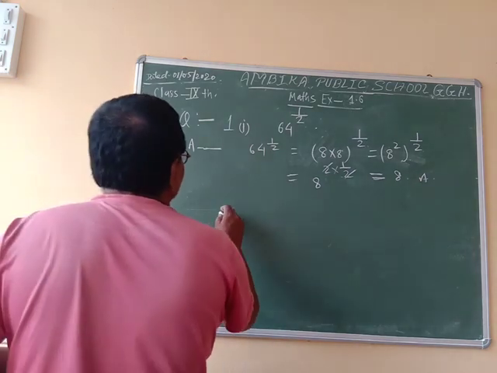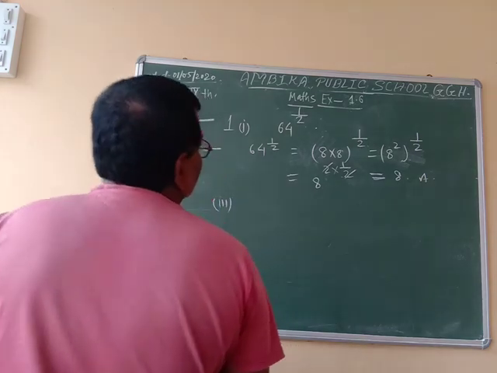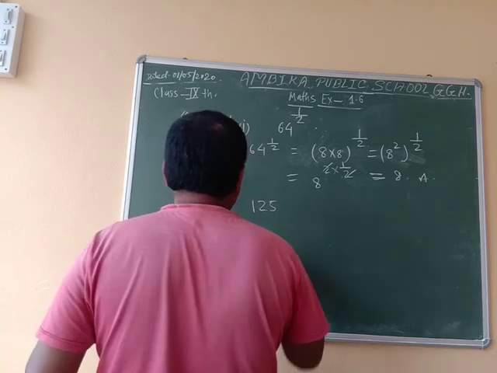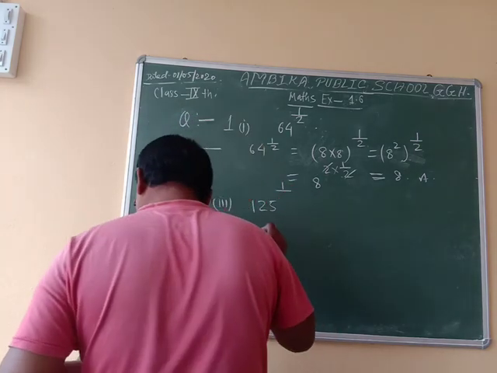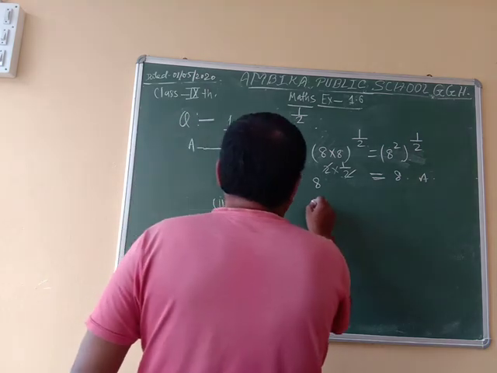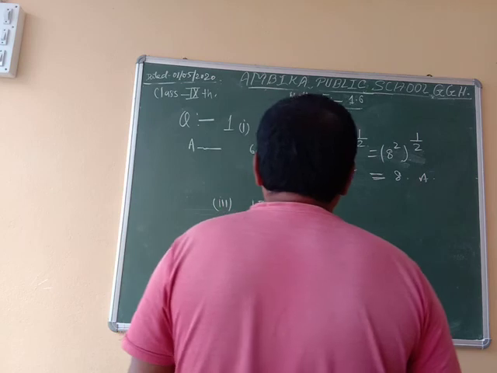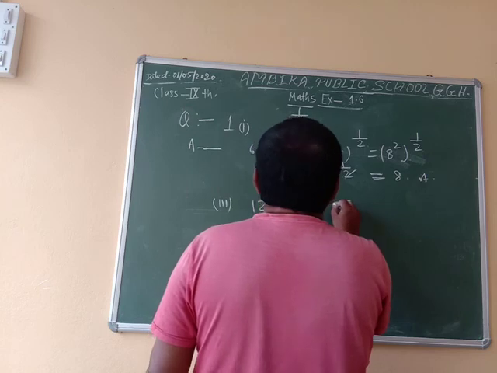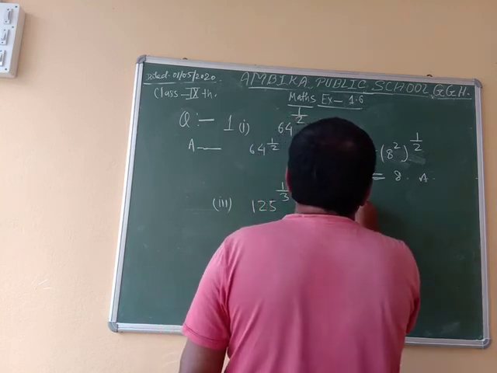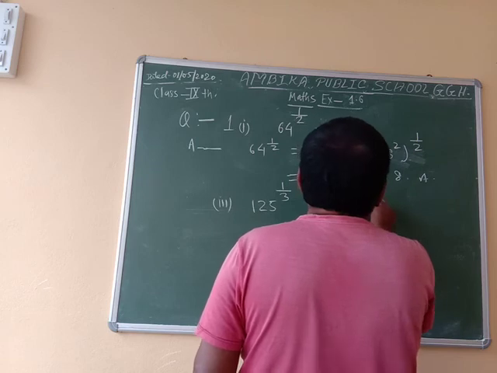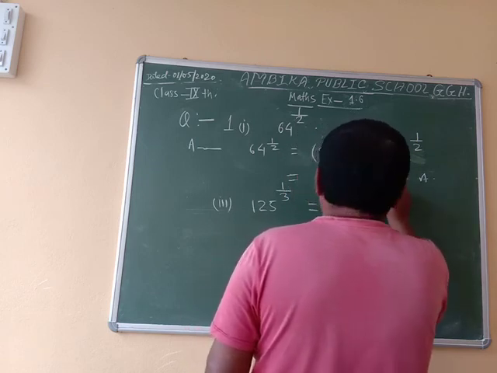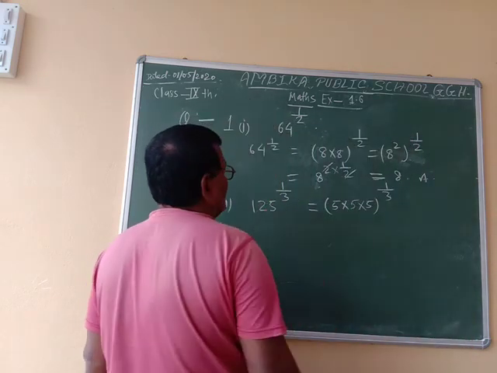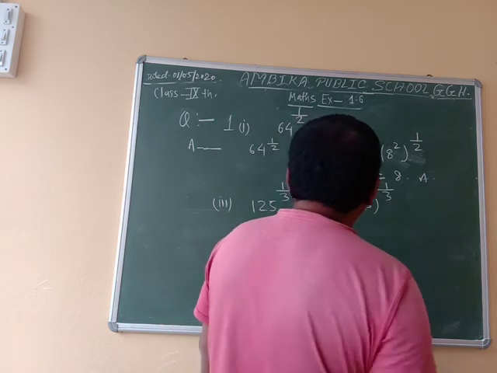Question number 3: we have to find the value of 125 to the power 1 by 3. We can write 125 as 5 into 5 into 5 to the power 1 by 3.